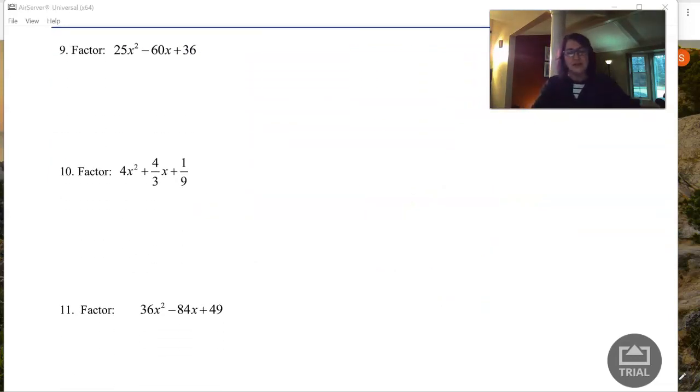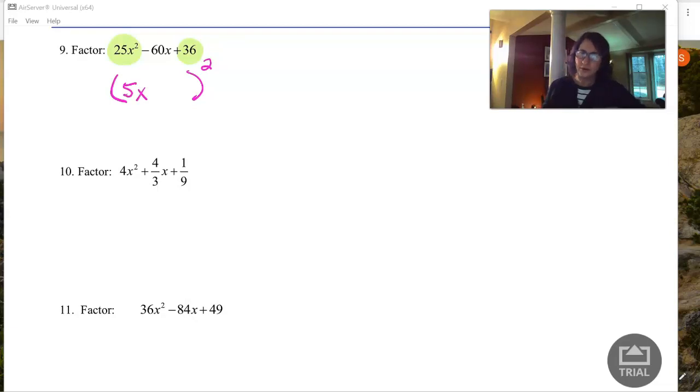All right. So let's go ahead and factor number 9. First thing we look at is that the first and the last terms are perfect squares. So I can go ahead, create my binomial squared. I take the square root of 25x squared, so that's 5x.